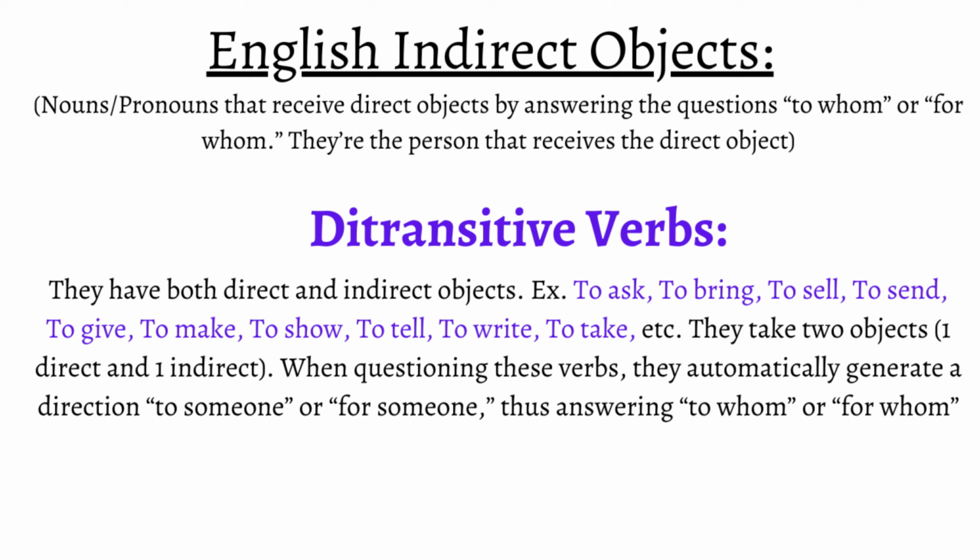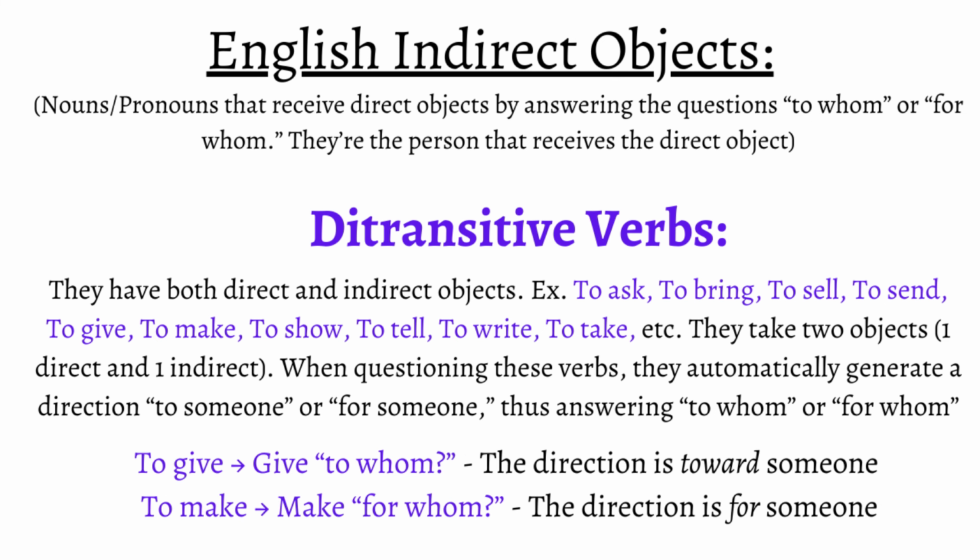When questioning these verbs, they will automatically generate a direction to someone or for someone, which is why they answer to whom or for whom. For instance, the verb to give can make us ask, give to whom, using the direction toward someone. The verb to make can also make us ask, make for whom, using the direction for someone. This is the reason for their questions.